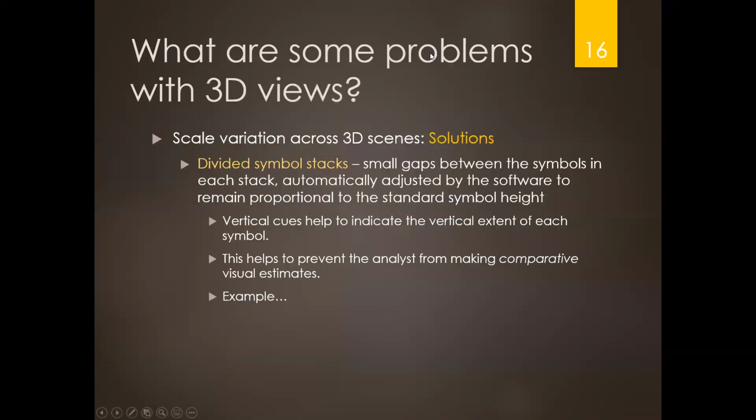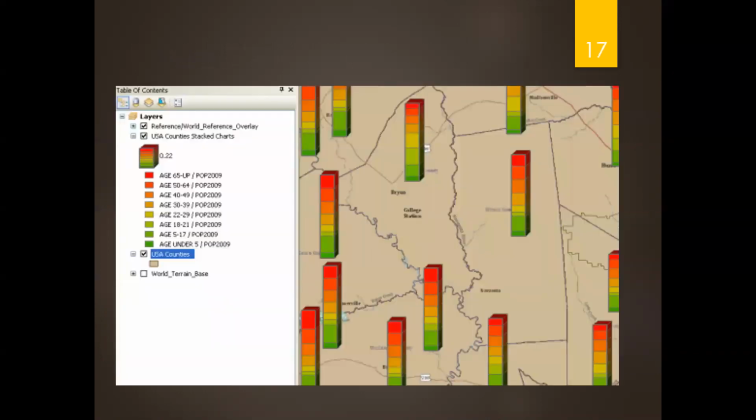Here it's called divided symbol stacks. It means that you use small gaps between the symbols in each stack, automatically adjusted by the software to remain proportional to the standard symbol height. For example, this is a very common thing when you are using ArcGIS.